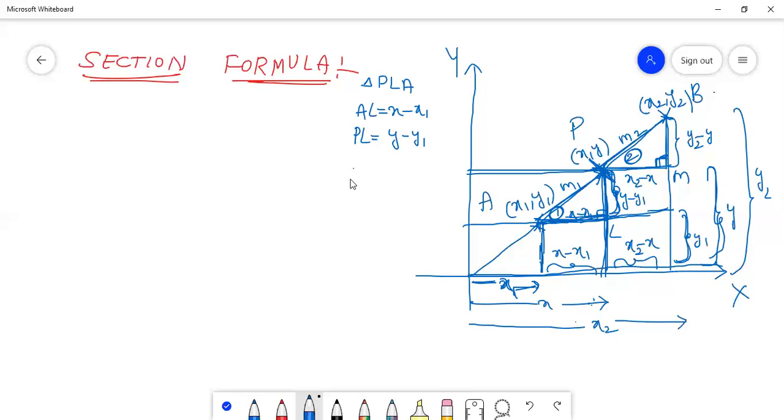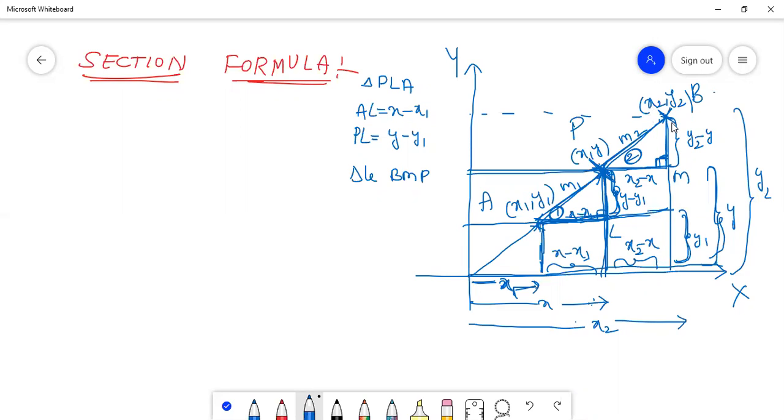In the same case, in the triangle BMP, the B point is x2 y2, so the distance from the x-axis is y2 and from the y-axis is x2.